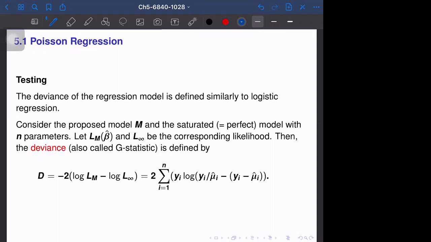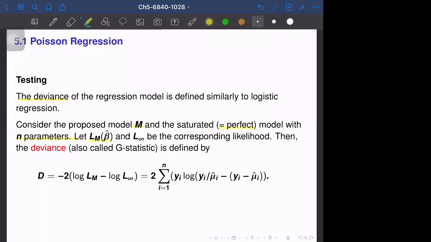For testing, we define deviance. It's similar to logistic regression. Suppose that the proposed model M has likelihood function L sub M, and another model, which is the perfect model with n parameters. We have n observations, so the perfect model has n parameters. If we have n parameters, we can explain everything. So that is L infinity.